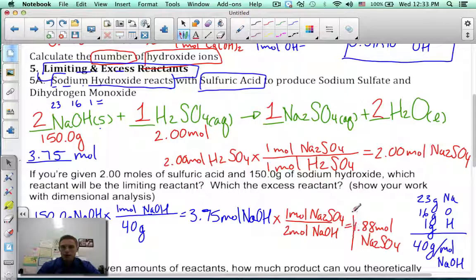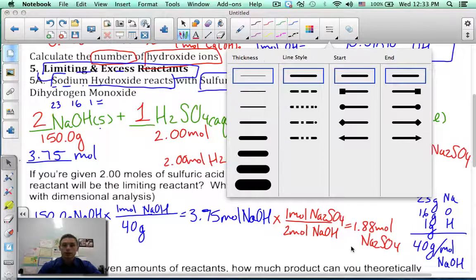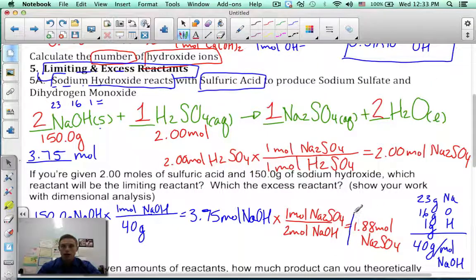I should have circled that in a different color. This is my theoretical yield. I just fell into one of the pitfalls there. This is my theoretical yield.